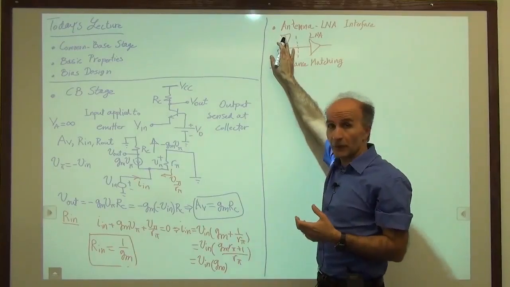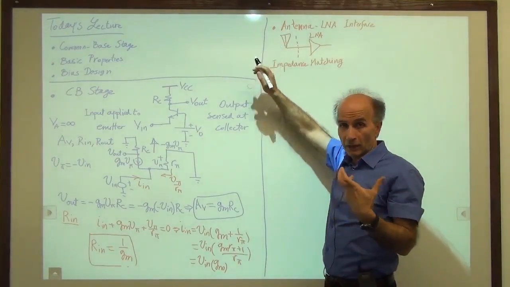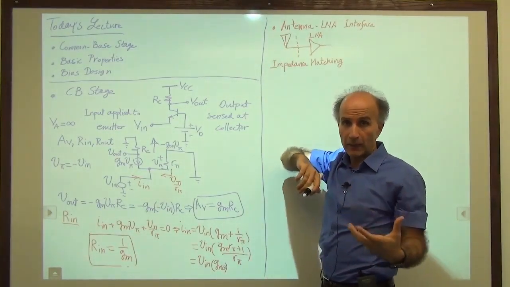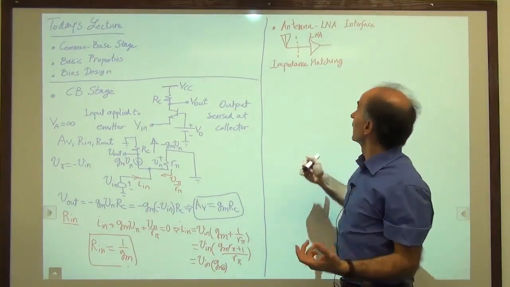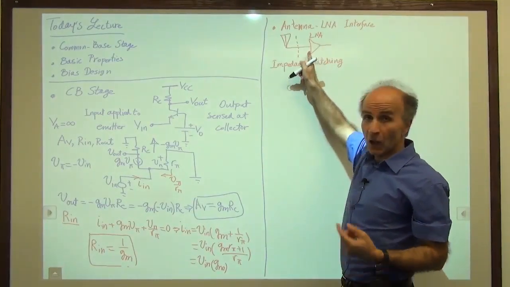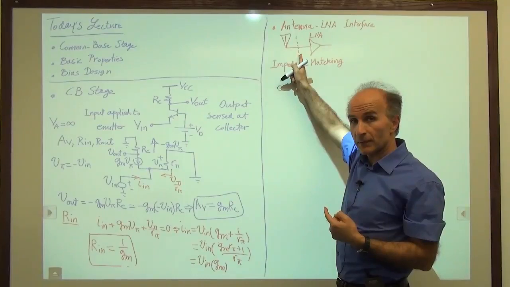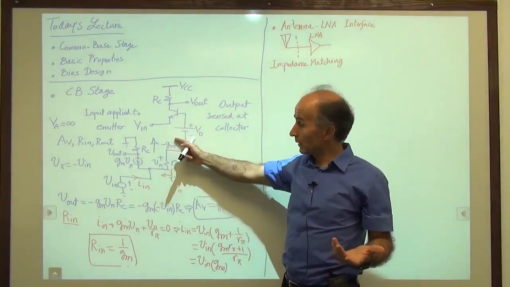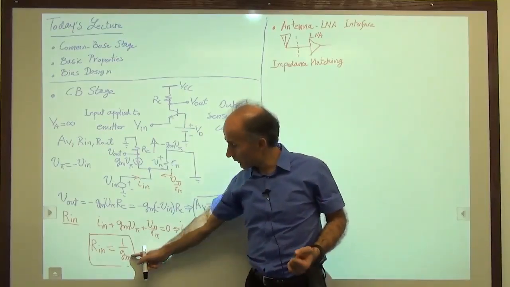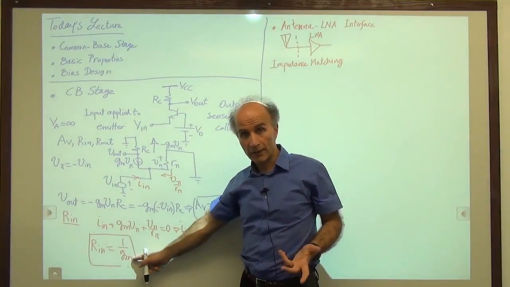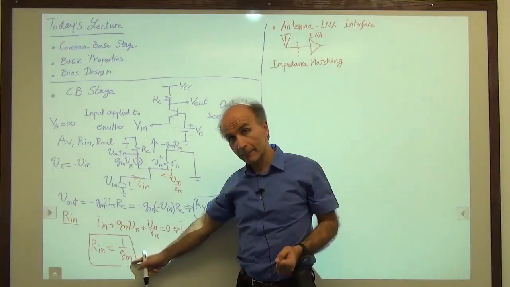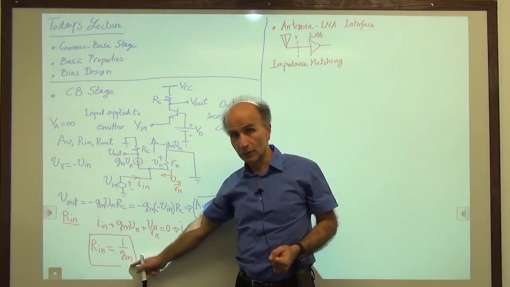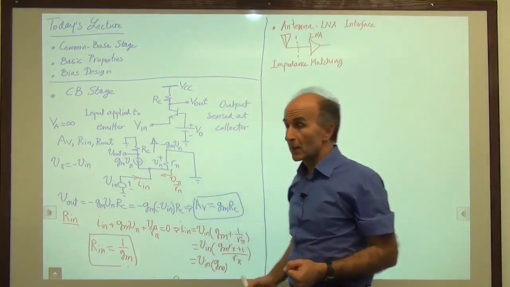Now, because antennas are typically designed with a relatively low impedance, about 50 ohms, we would like to have an LNA whose input impedance is 50 ohms. And this would be a good candidate, right? 50 ohms can be obtained if we pick the collector current, the bias current, to be maybe half a milliamp, right? 52 ohms would get us from here.